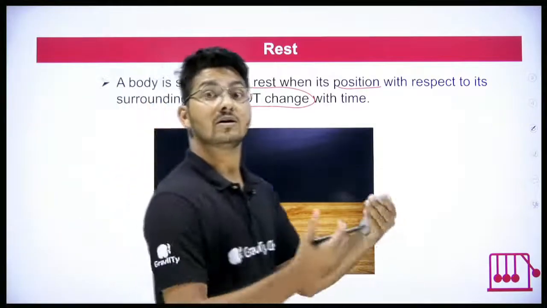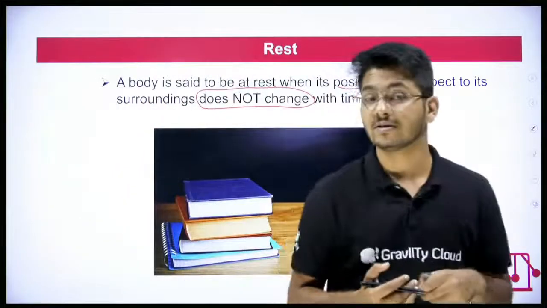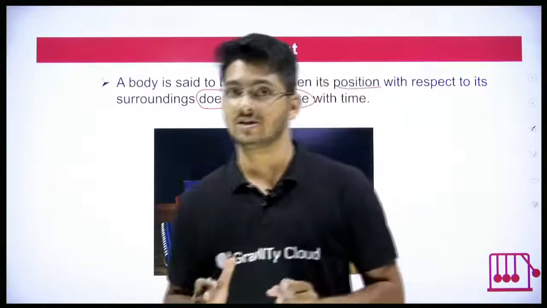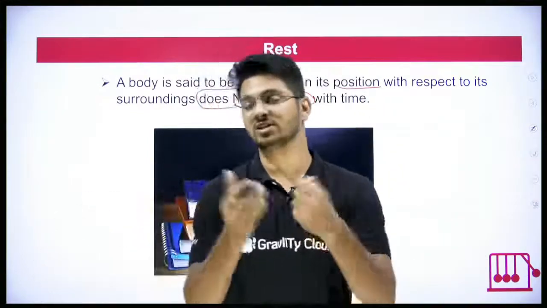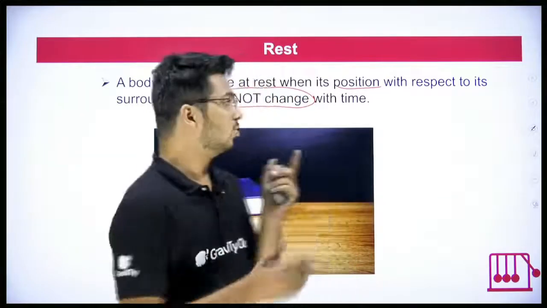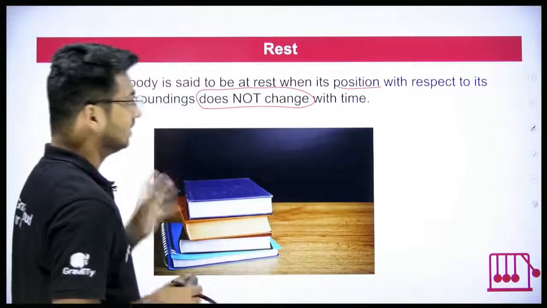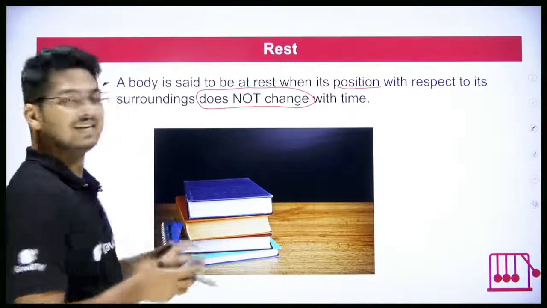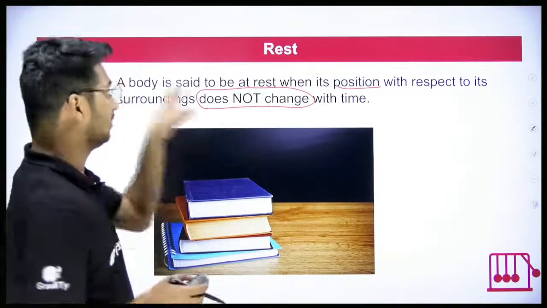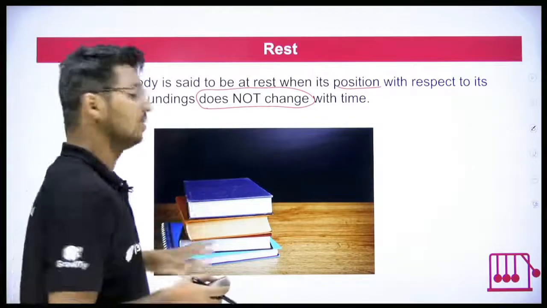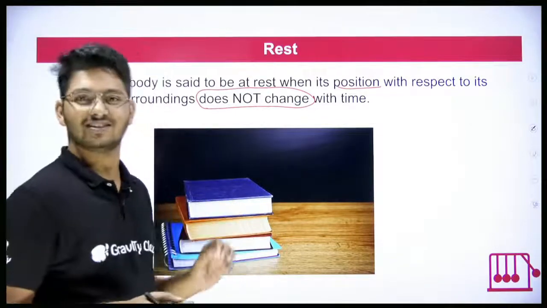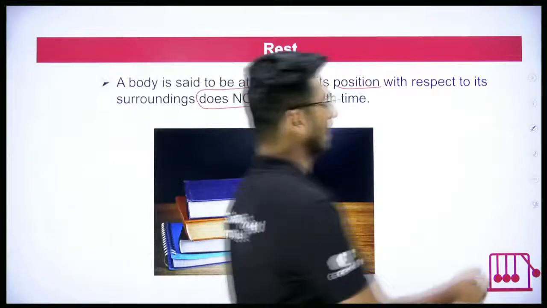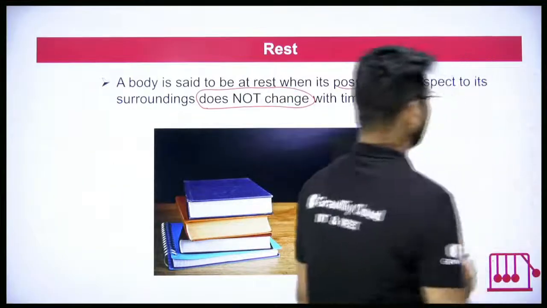So am I at rest? No, not at rest, because my position is changing. But look at the screen. Is the screen moving? No. The screen is at rest, because it is not moving. That's what we mean when we talk about rest and motion. Clear?